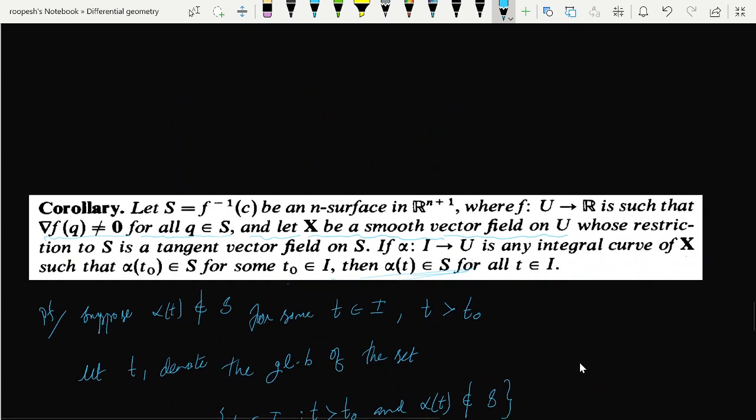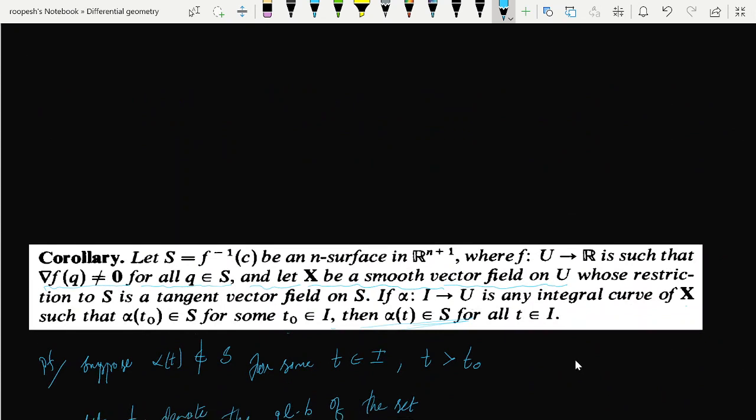Once again, we are noting the corollary here. Suppose S is an n-surface in R n plus 1, where f is used to define the surface S, and X a smooth vector field on U whose restriction to S is a tangent vector field on S. If alpha is an integral curve of X such that alpha of t naught belongs to S for some t naught belongs to I, then alpha belongs to the surface.